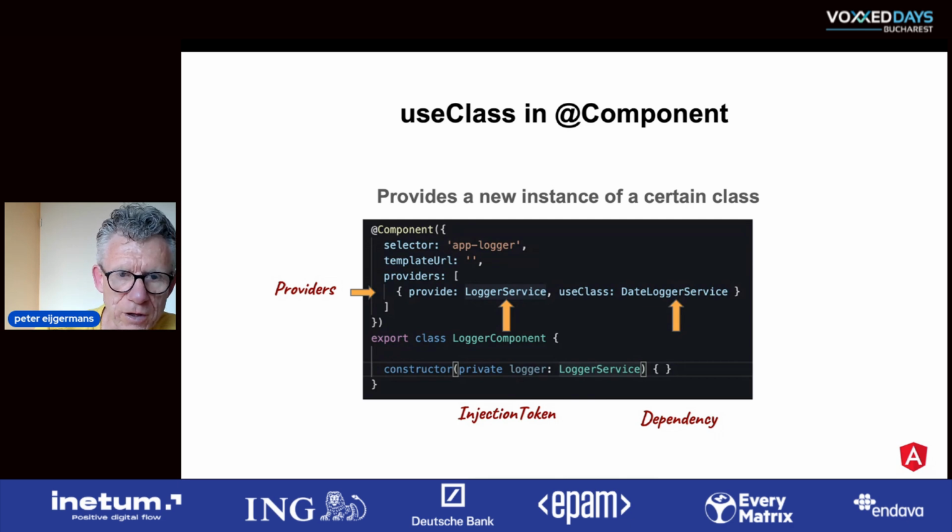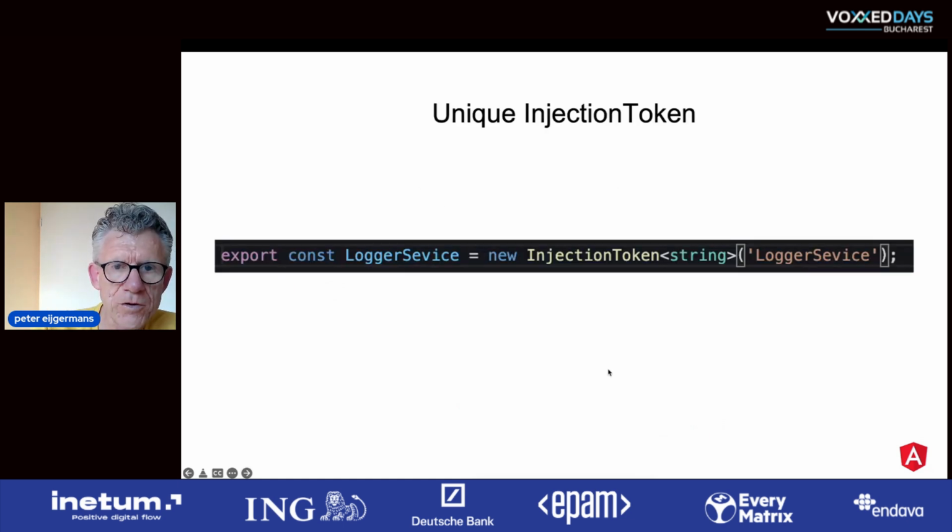This is nothing more than a combination of our provider and our dependency we want to create. And finally, of course, we have the injector, which creates our singleton, which we can inject in our component via the constructor. We always use a unique injection token, so we are sure that we create unique tokens.